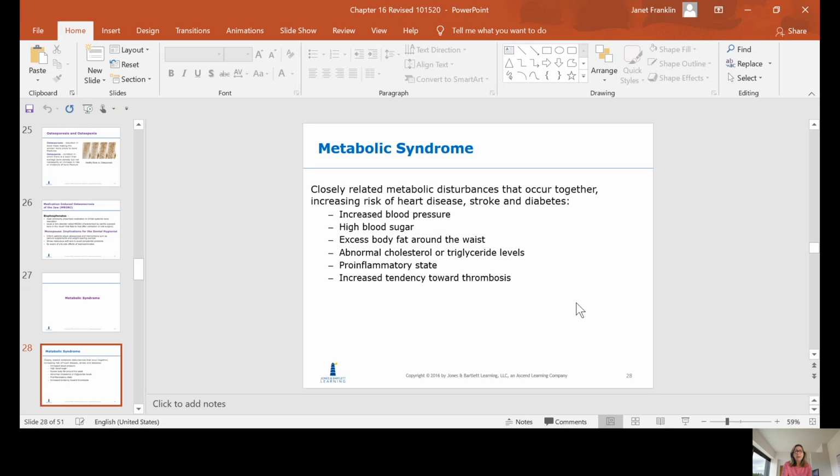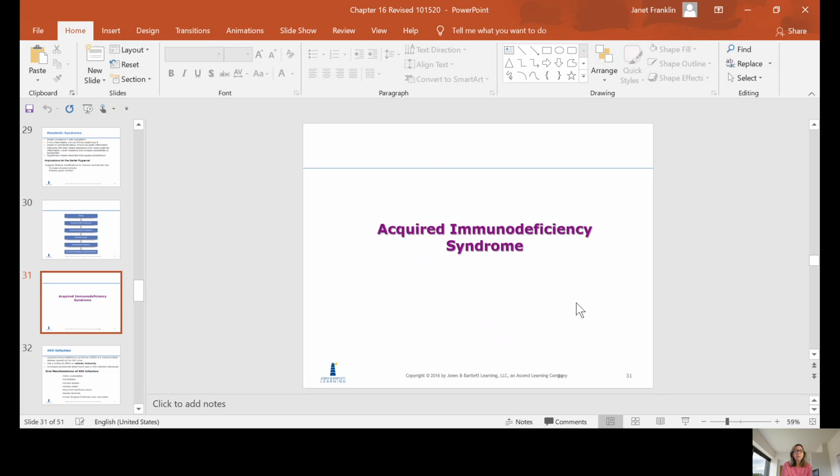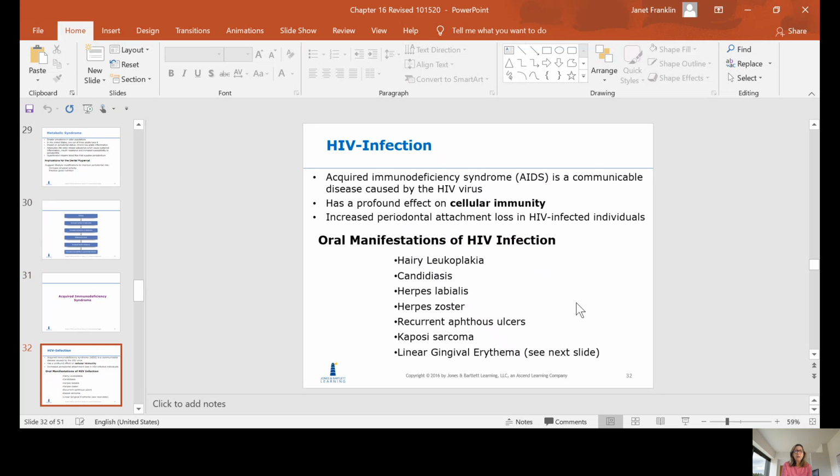Metabolic syndrome. We don't get too involved in metabolic syndrome other than knowing that any disturbances in metabolic control can lead to heart disease, strokes, and diabetes. Acquired immunodeficiency syndrome, or HIV infection. It's a communicable disease caused by the HIV virus.